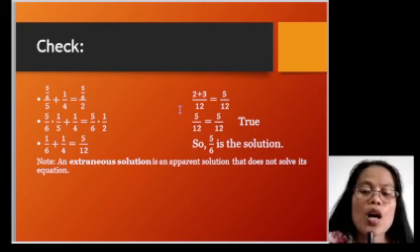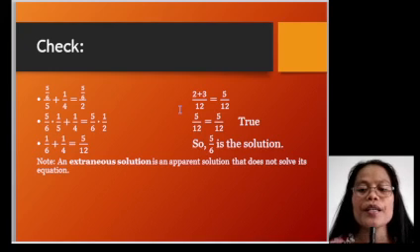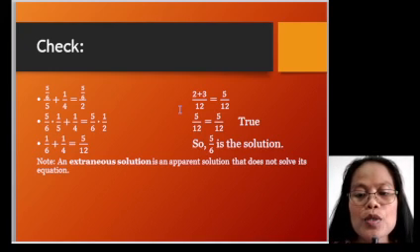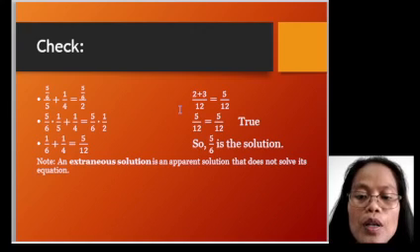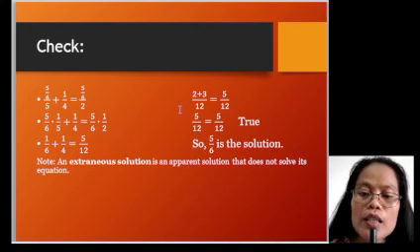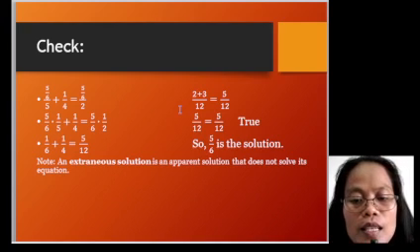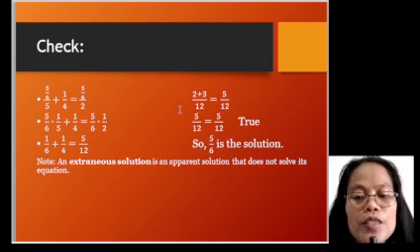So we need to solve first those multiplications. So we have here 5 over 6 times 1/5. We have to multiply both numerators and denominators because that's the rule in multiplication of fractions. 5 times 1 and 6 times 5. But to make it easy, we apply cancellation so that we'll arrive at the lowest term.